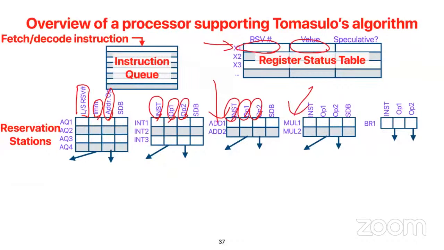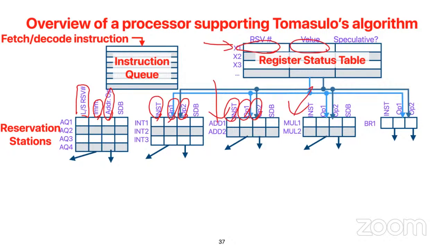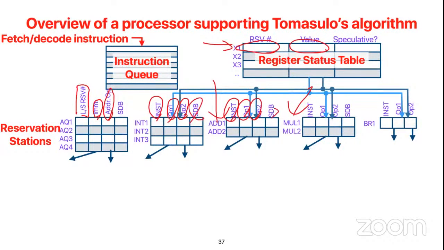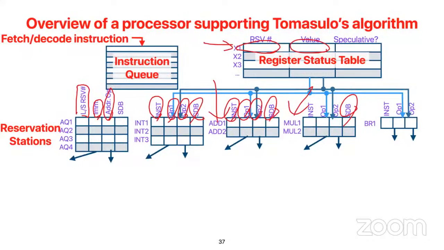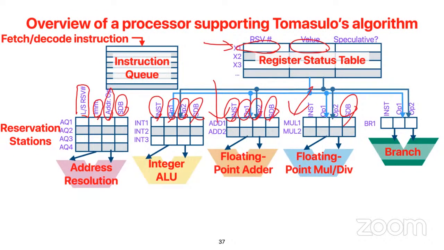So they all have the same thing. And the SDB means whether this instruction is speculative or not. Speculative means that the branch is not resolved yet.